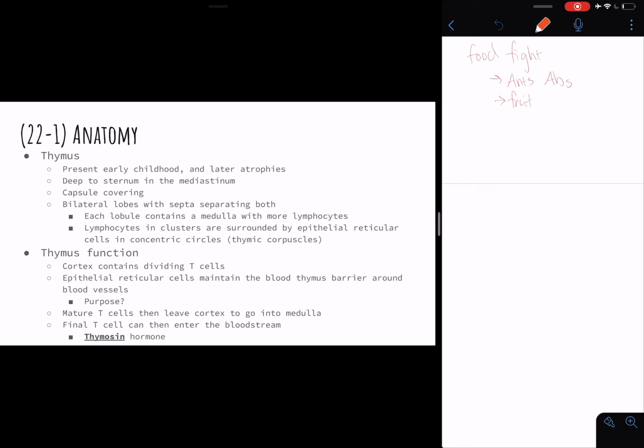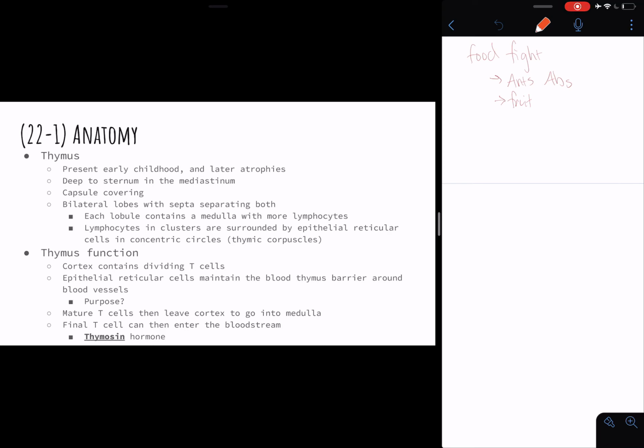It floats around in the bloodstream, and then eventually it makes its way to the thymus gland. In the thymus gland, all of these premature baby T cells do this dance where they go into the medulla, out into the cortex, back into the medulla, out into the cortex. They do this two or three times before the process is complete.